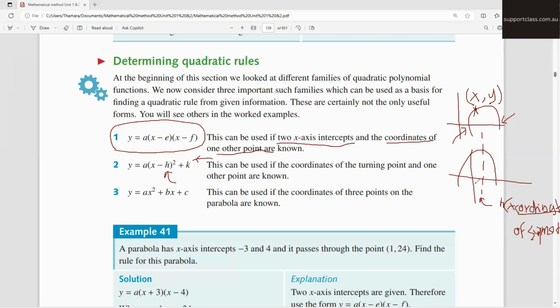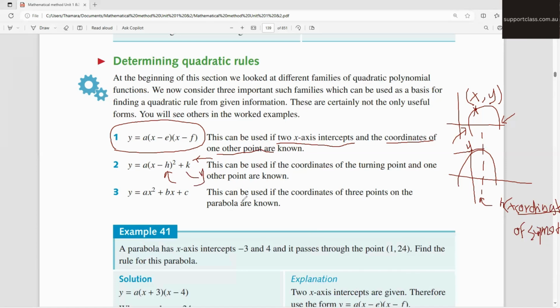And as the turning point, this y coordinate is actually k. K is the y coordinate of the turning point.